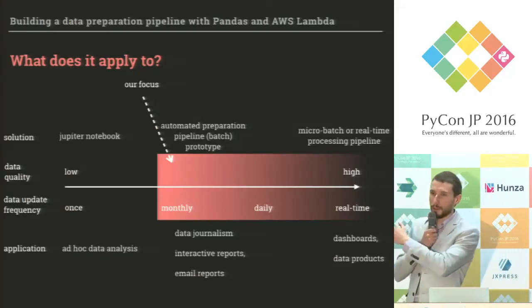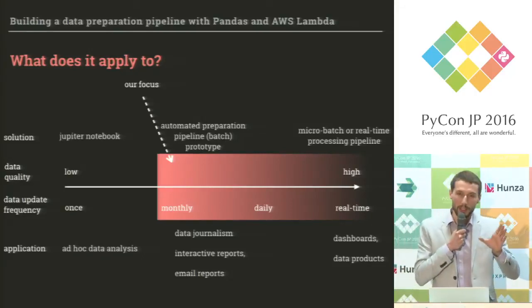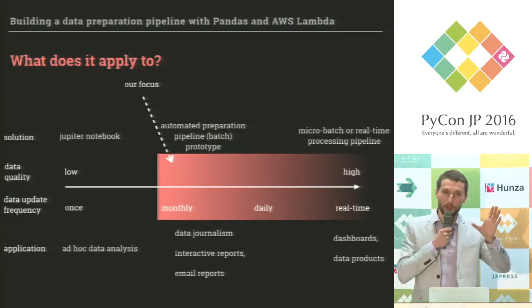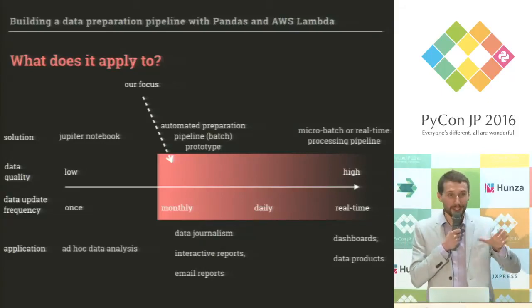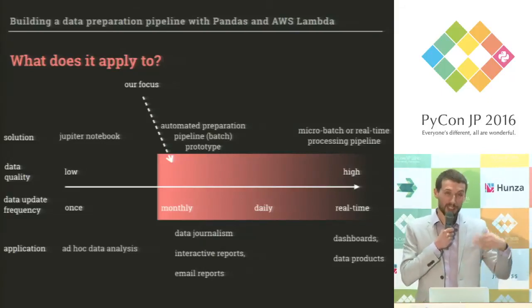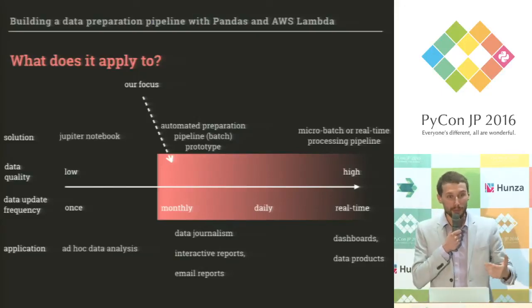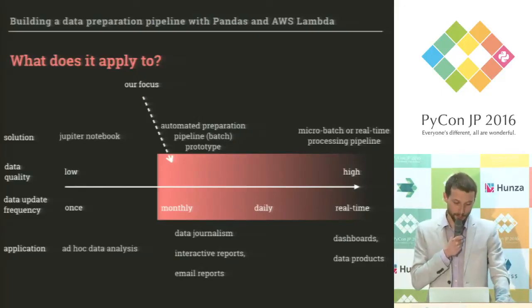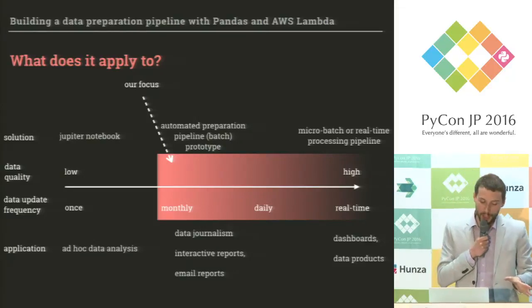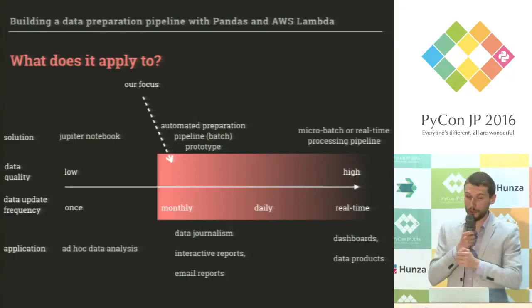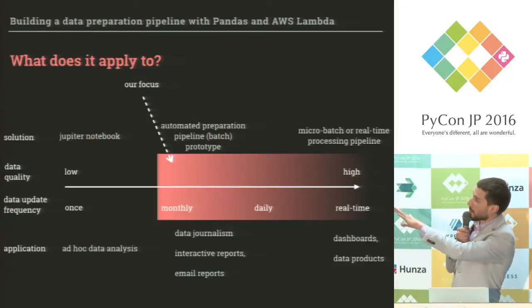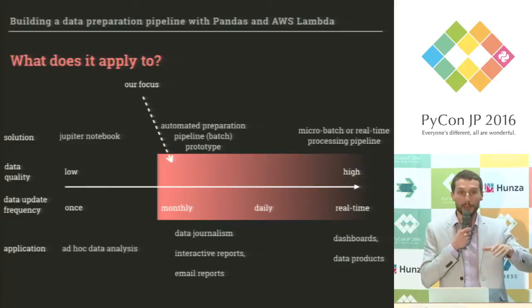The sweet spot for what I'm going to talk about today is a bit in the middle. It's when you have data that is not in perfect condition, but you will still need to deal with it for a long time, multiple times, with some updates. The interesting point is that Pandas is generally good on the left side of the spectrum, which is a big amount of one-time data.